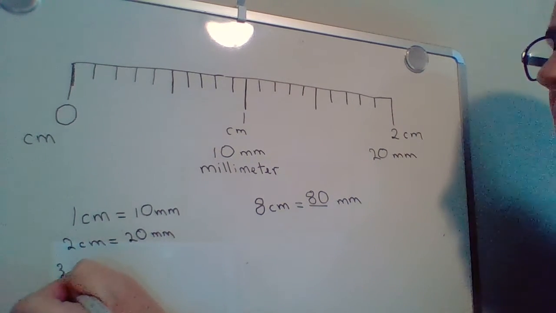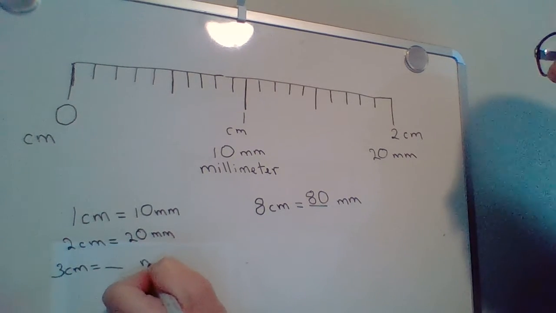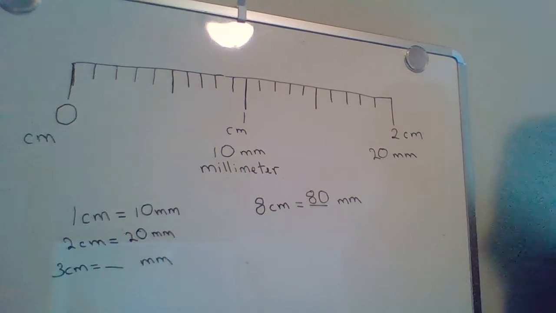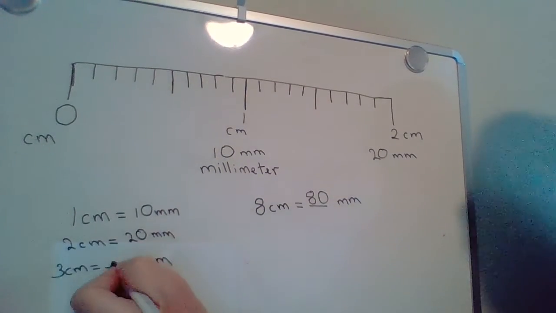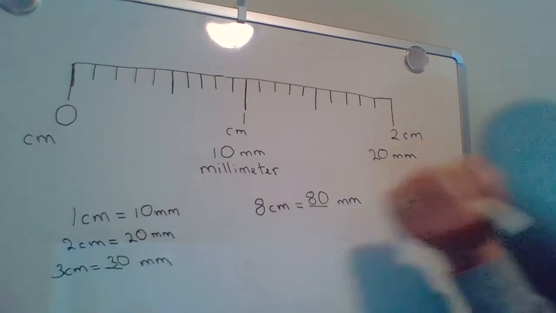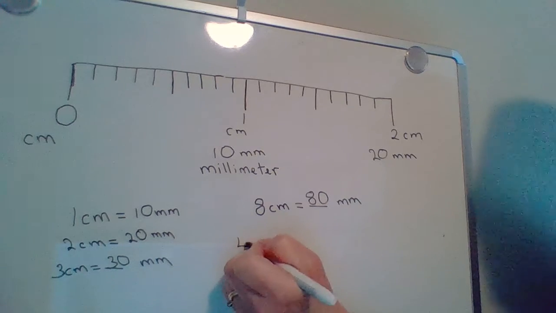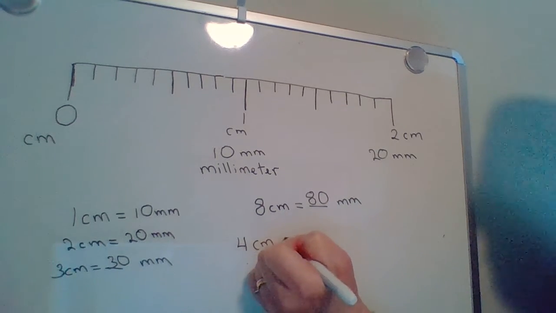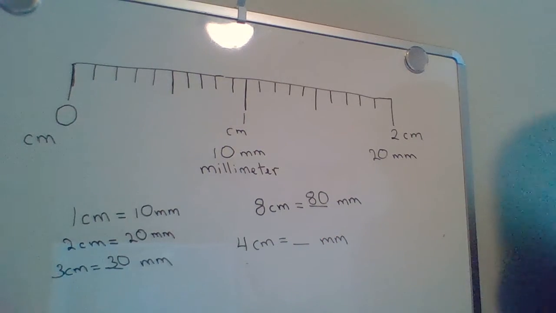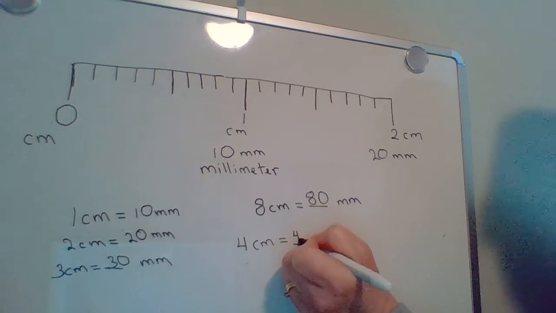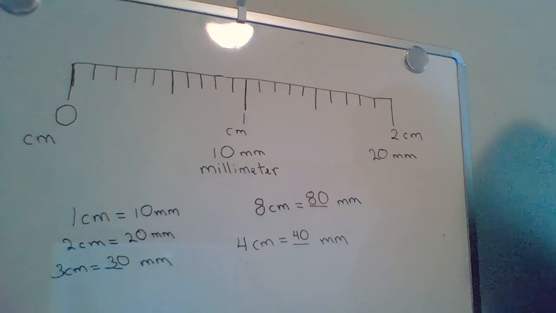How many do you think it would take to be the same as 3 centimeters? And if you're thinking 30, you are correct. Okay, well, how about 4 centimeters? How many millimeters is that? Multiply by 10, and you have 40 millimeters.